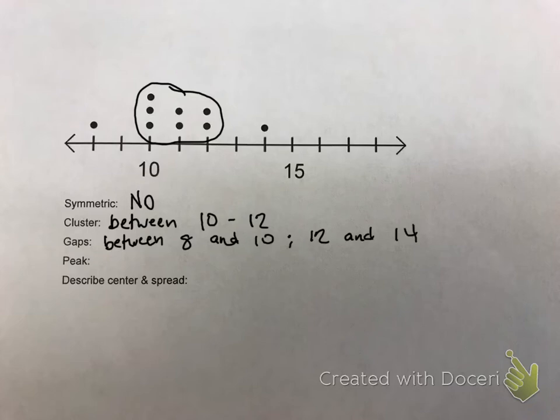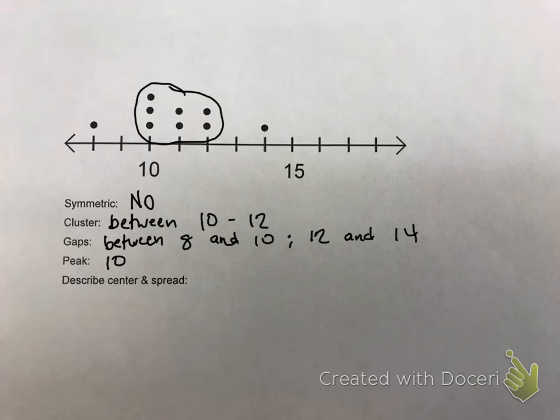We don't have anything at 15, so that would not be considered the edge of the gap. The peak is at 10, because that's the highest amount of numbers. So peak and mode tend to go together, not always, but just as a word of wisdom, usually looking for the mode will tell you the peak.